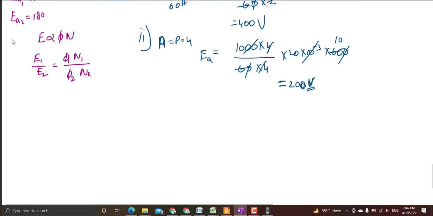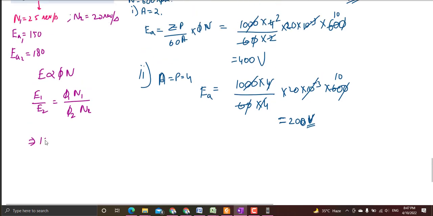So E1 is given here as 150, E2 is 180, and phi 1 is, let's say, phi, phi 2 we have to find. N1 is 25 and N2 is 20.